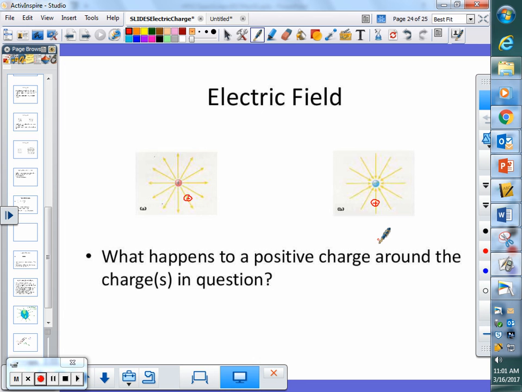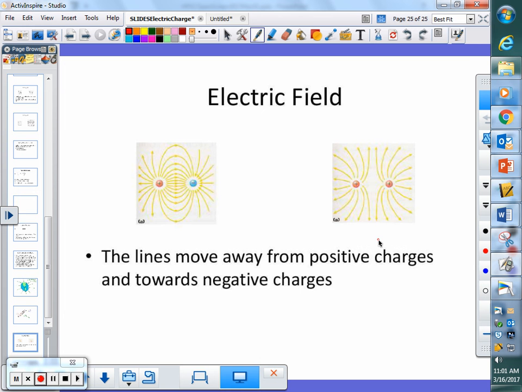But we can also talk about what would happen if we put multiple charges close to each other. Notice here, there's a bunch of arrows, but they all follow a similar pattern. All the arrows are pushing away from the proton and pushing towards the electron. Does that make sense?